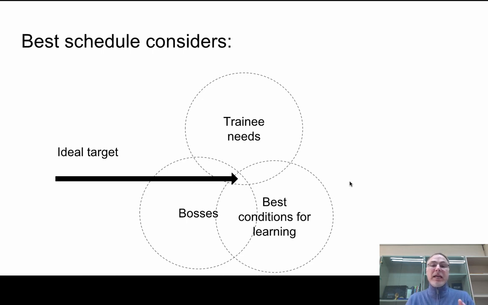Scheduling is the next phase of creating effective training programs, and the ideal time frame considers the needs of the trainee and the needs of the supervisors, bosses, and managers. And it overlays in there the third consideration, which is when are the best conditions for learning.